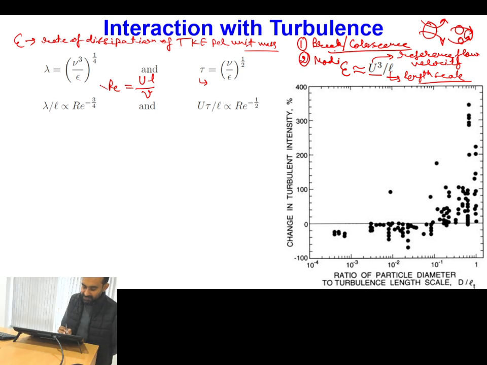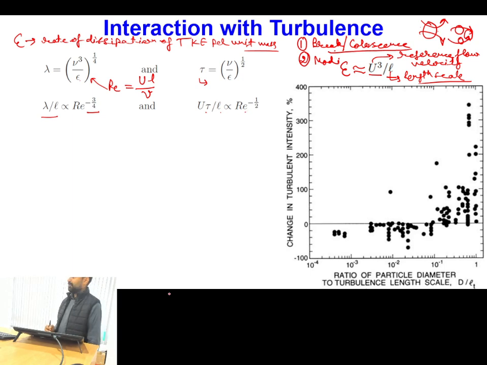If I use this definition over here, then ultimately my lambda by L will be proportional to Reynolds number power minus 3 by 4 and UT by L will be proportional to Reynolds number power minus 1 by 2. All are clear with this idea? So it means that the Kolmogorov length scale is proportional to Reynolds number power minus 3 by 4.